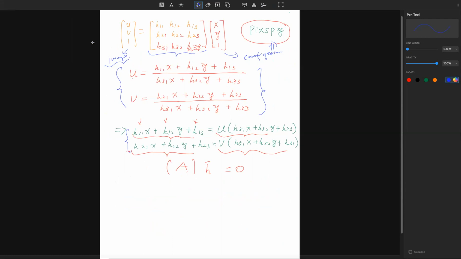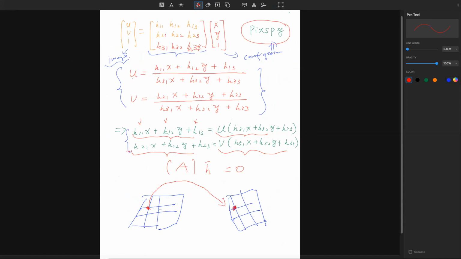So what happens is that if you have a grid that looks like this, this is the frontal view, and if this is an image view, you know that these points and these points are corresponding.